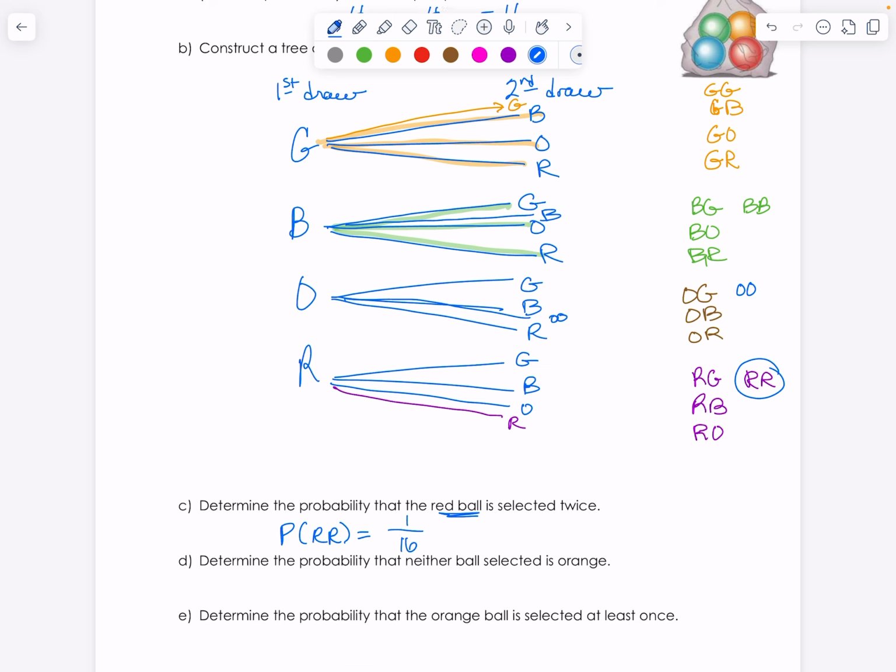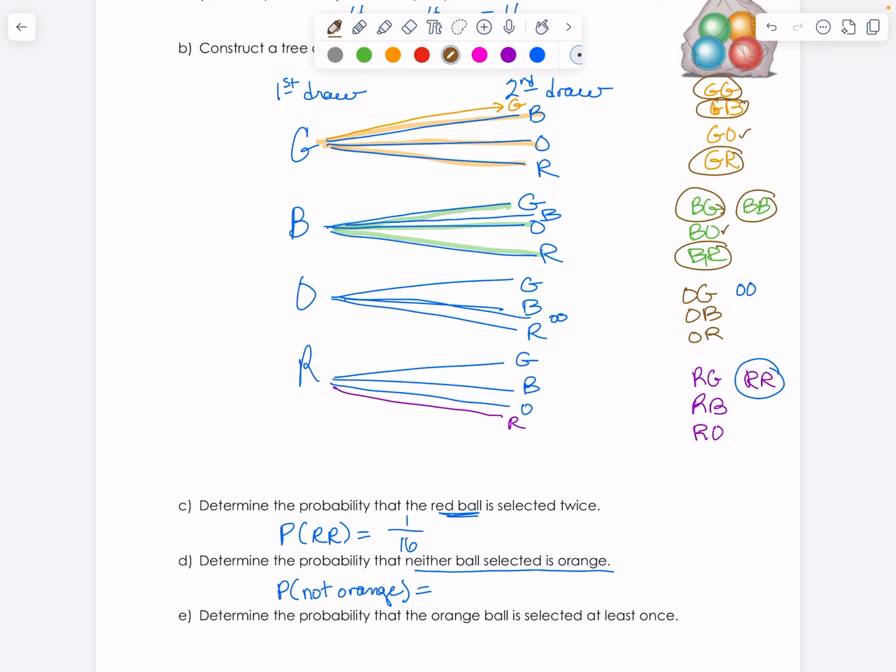Okay, now let's determine the probability that neither ball selected is orange. So probability that it's not orange. When I start writing these down, I'm looking for those that do not have orange. I'm just going to circle them. So that one is no orange, no orange. That one has orange, no orange. That one has orange. Not that one.